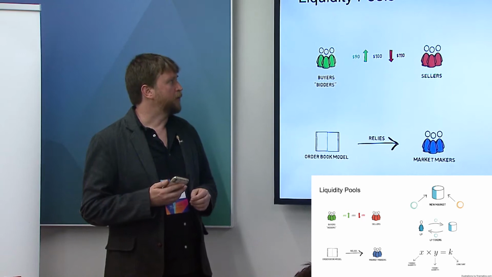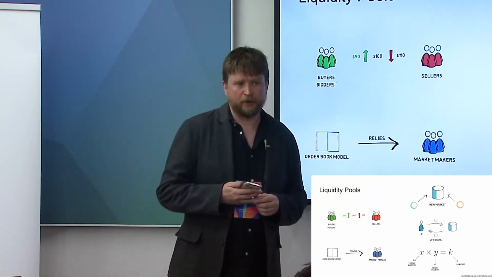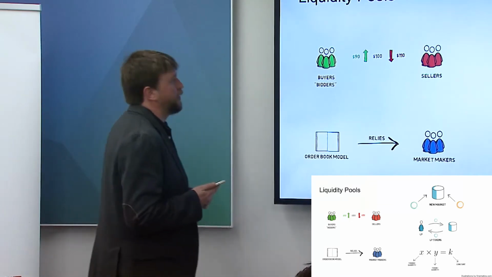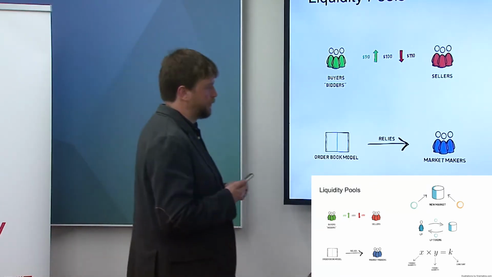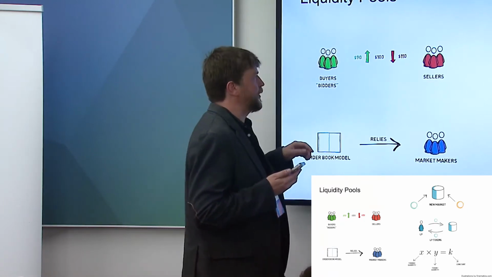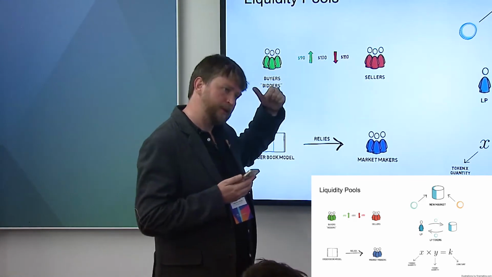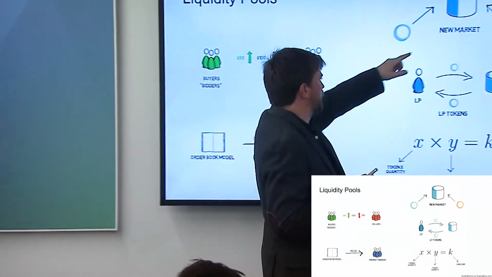Most other lending protocols use something called an automated market maker, and it basically means that for each trading pair, like Ethereum and DAI, you have to create a pool.